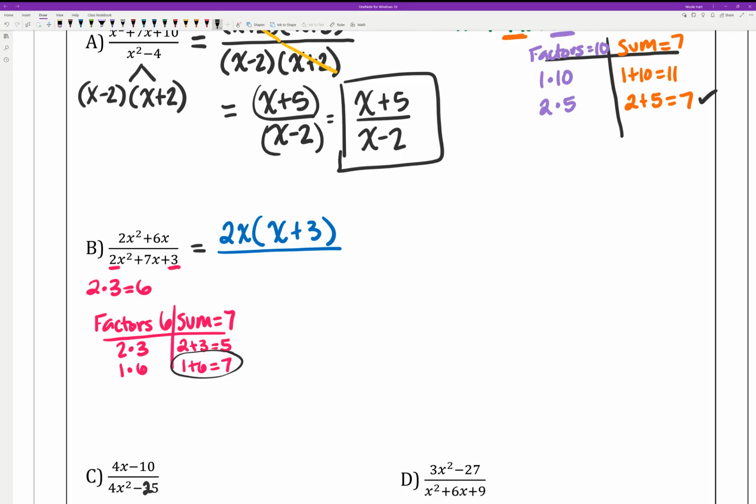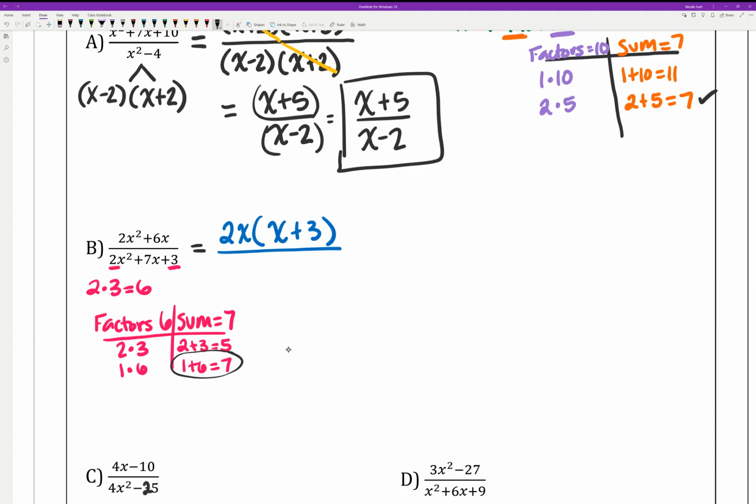Now, since the leading coefficient is not 1, it is in fact 2, we are going to have to factor this a little bit more. You can either use the reverse box method to do so, or you can go ahead and turn it into two binomials and then factor out a GCF if possible, or divide out a GCF if possible.